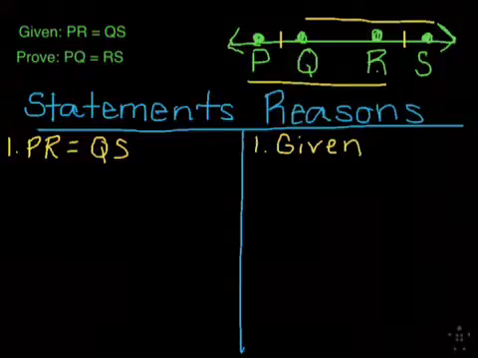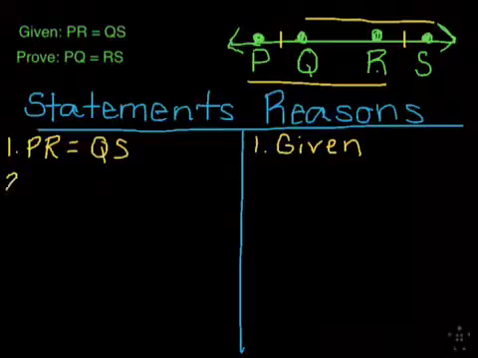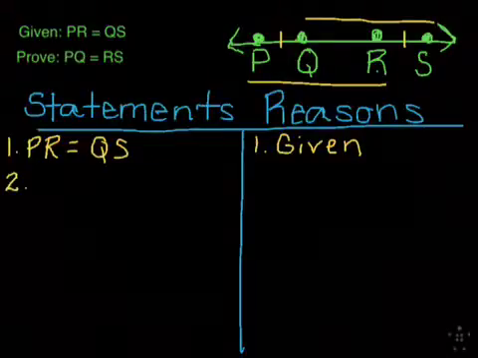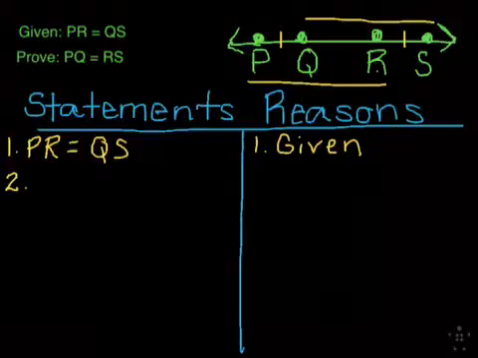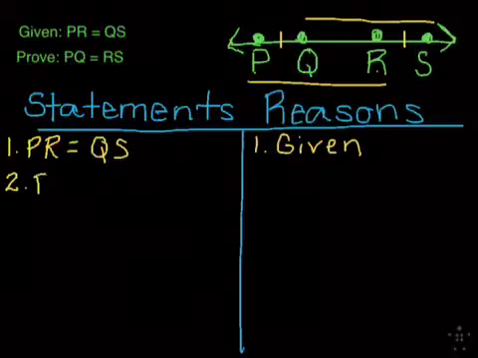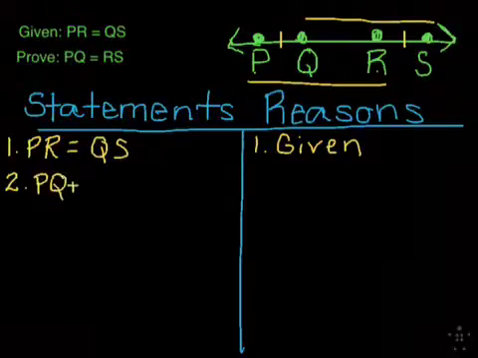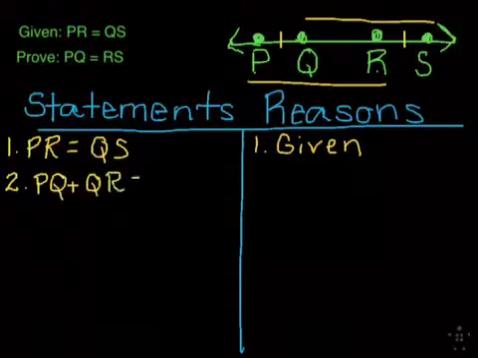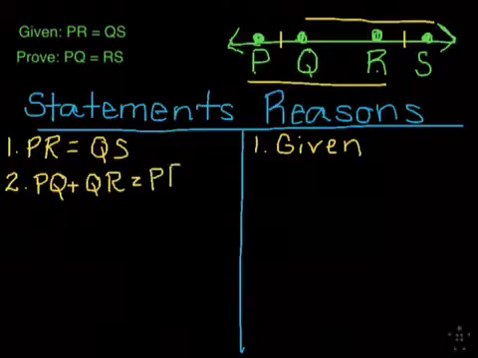So now we're just going to start breaking down this information we have. Well, PR, what is PR equal to? PR is made up of line segment PQ and QR. So I know that line segment PQ plus line segment QR equals line segment PR.